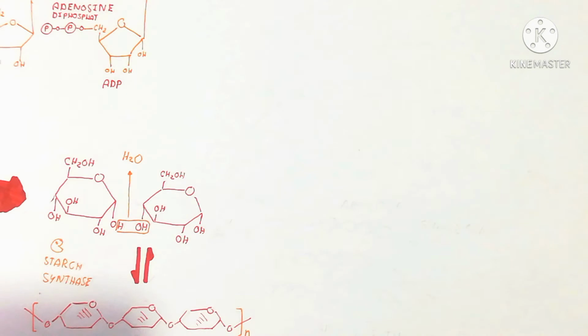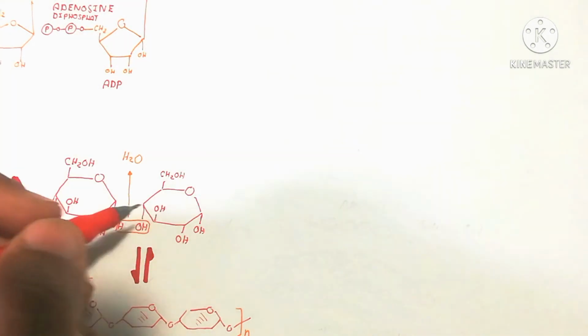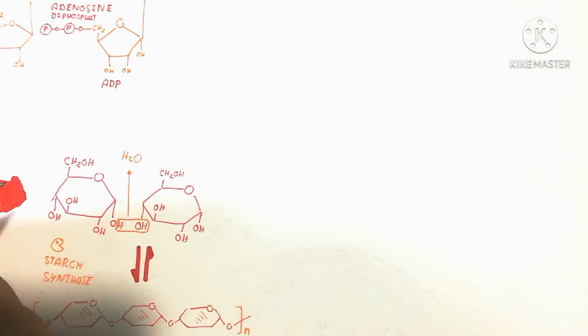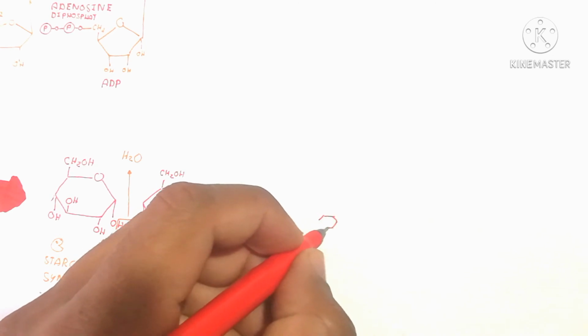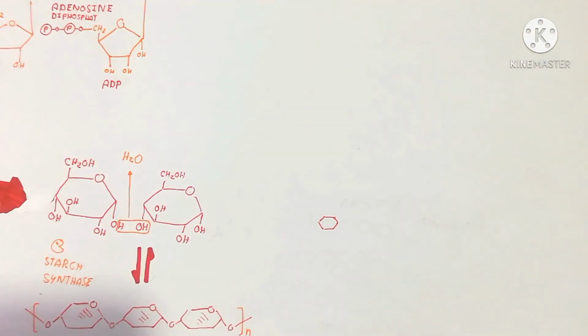If we will talk about the branches of this chain, which arise from the single chain to multiple chains or multiple branches, and these branches are converted into the amylopectin. So remember about that things.